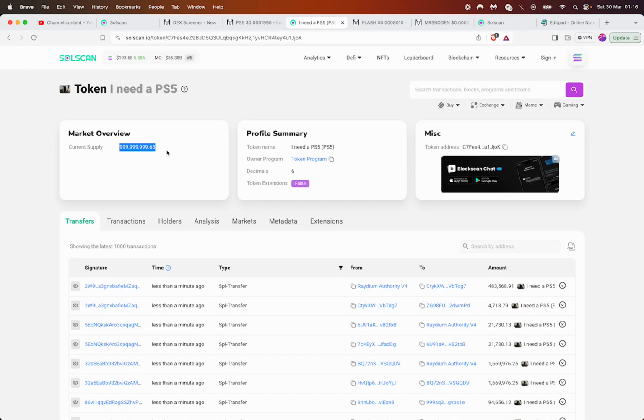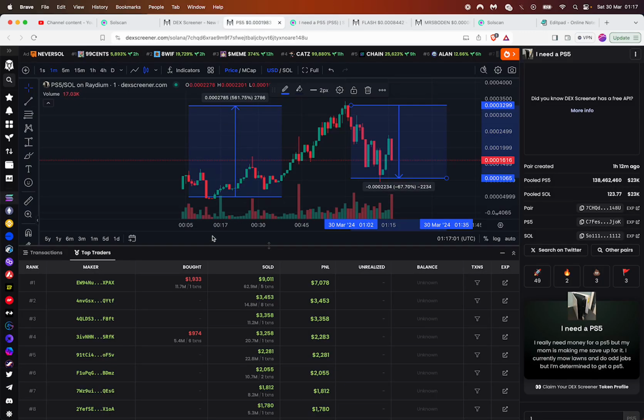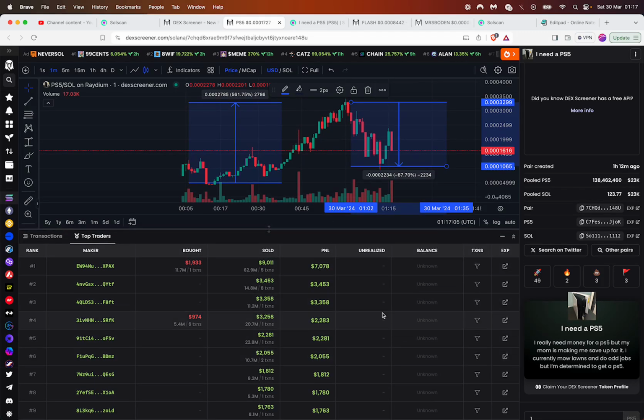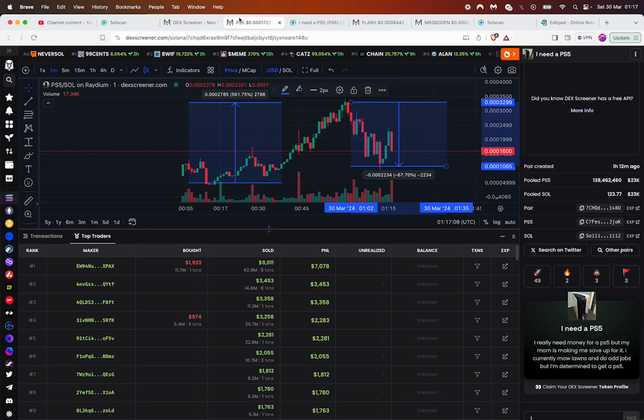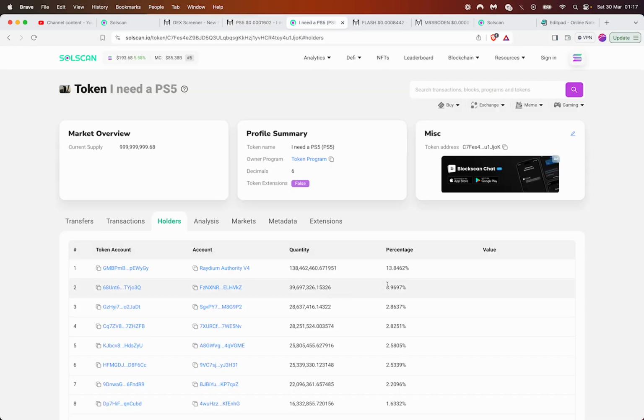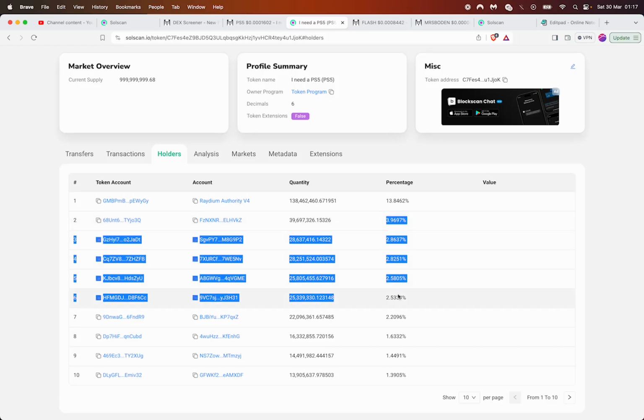So that means the developer only put around 20% of supply into the liquidity pool, which means the developer or somebody else is holding 80%. However, most of that has been sold. From what I can see here, all the dev wallets have been sold. It seemed like the developer is out. I can see here even with the holders, distribution is looking better.